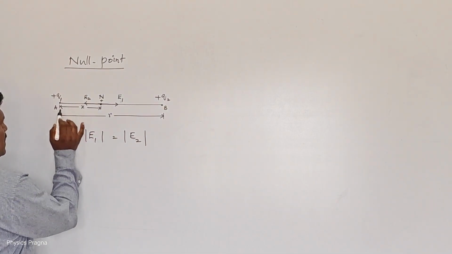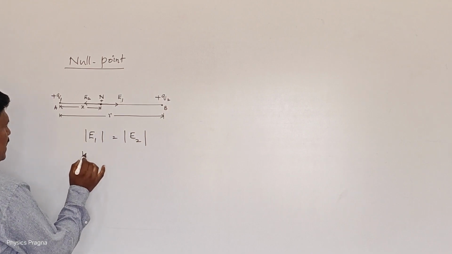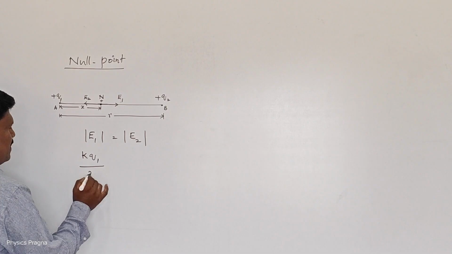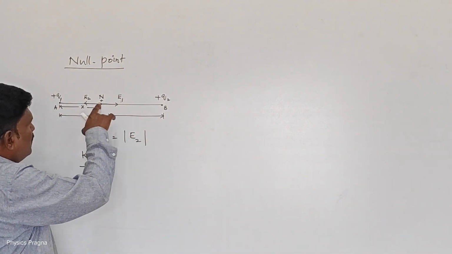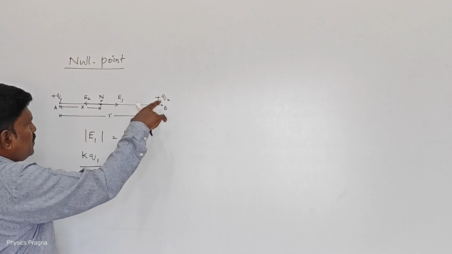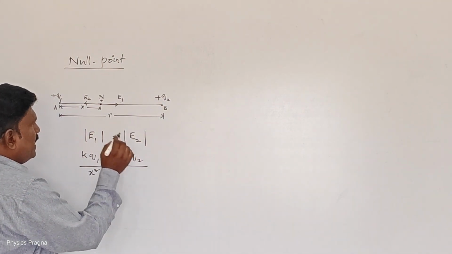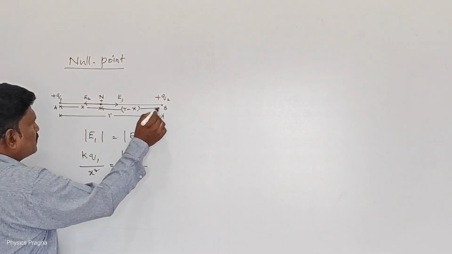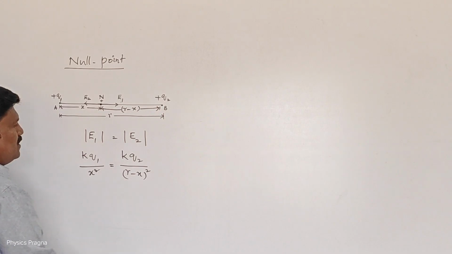This E1 is between Q1 and N. So KQ1 by the distance X square, and E2 from the null point to Q2 is KQ2 by this distance R minus X, so R minus X whole square.